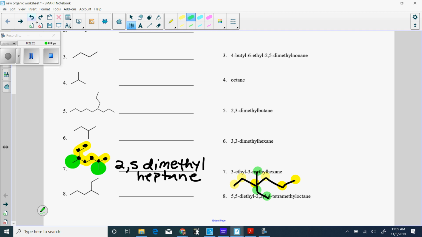Your ethyl needs to have a corner, like a bump, because you need to show the 2 carbons. Ethyl is 2 carbons, methyl is 1 carbon, and then your longest is a hexane. Now it doesn't say di because they're not twins. One's an ethyl and one's a methyl. Ethyl goes first because E comes before M.